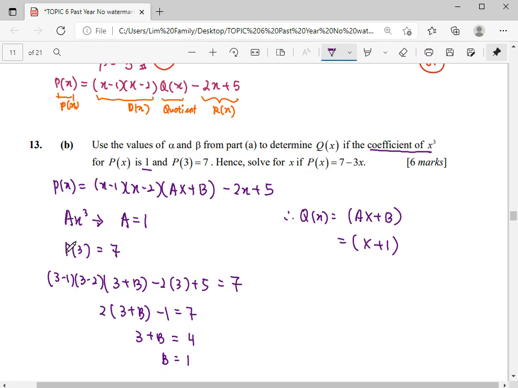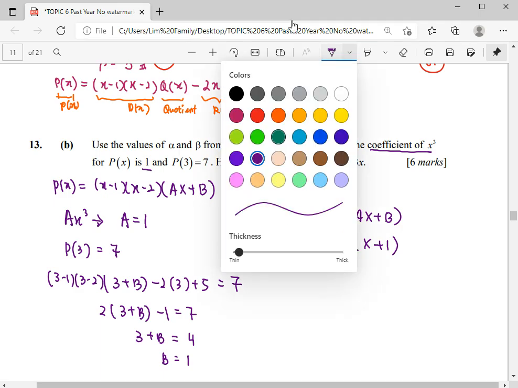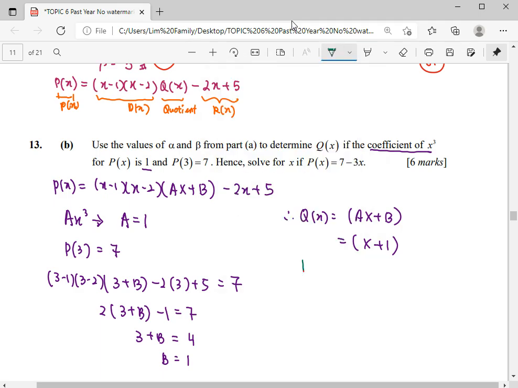They said, hence solve the x for px equals to 7 minus 3x. So we substitute our polynomial equals 7 minus 3x. When you say solve, it means find out what your x value is.